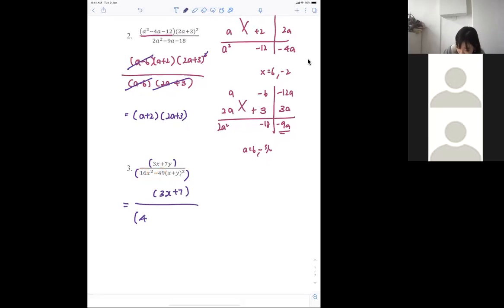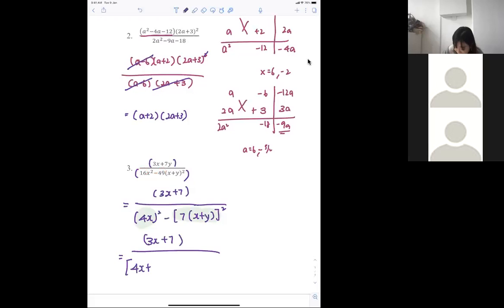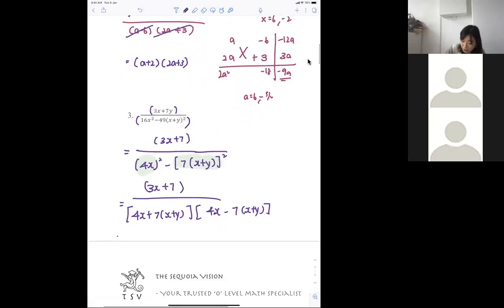So write down properly first. A square minus B square. I take out the square. So A square minus B square is A plus B, A minus B. Okay, can now have bracket in the bracket.